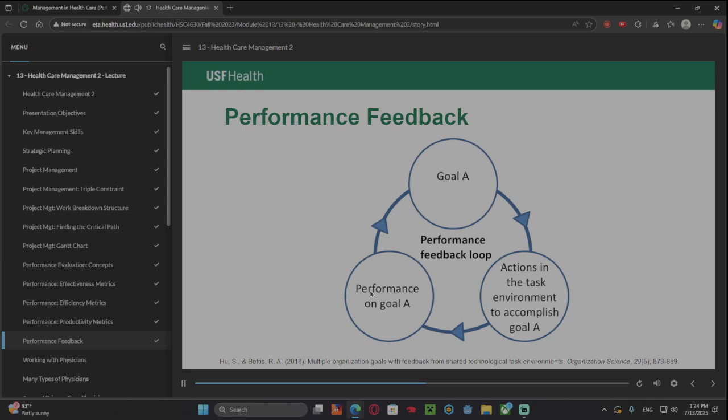And then you evaluate in the performance feedback whether the performance equals the goal. In cases when the goal is not achieved, then you create new actions to try to improve the performance to meet those goals. Management is the act of setting the goals, tracking the performance, and evaluating the accomplishment of the goal.